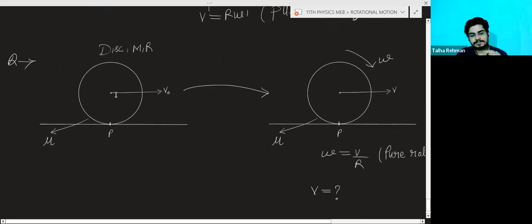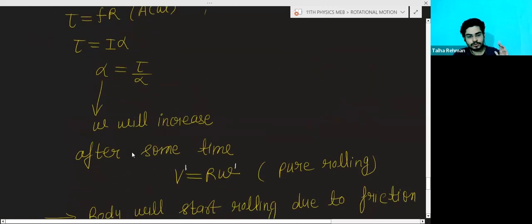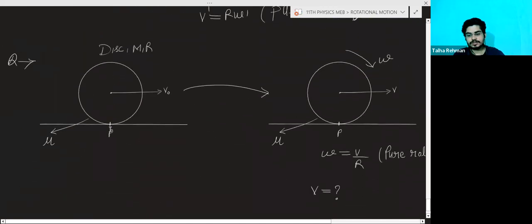Initially this body will have some velocity v naught, and it is moving like this. In the opposite direction there will be a friction force, and due to the friction force there will be a torque in anti-clockwise direction.